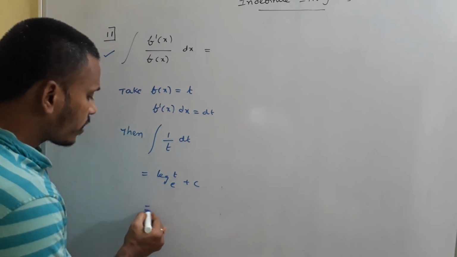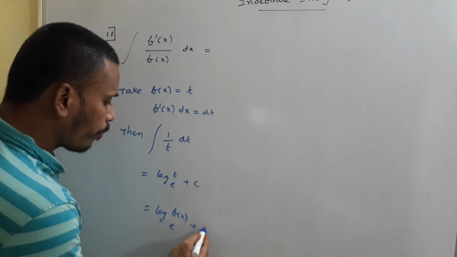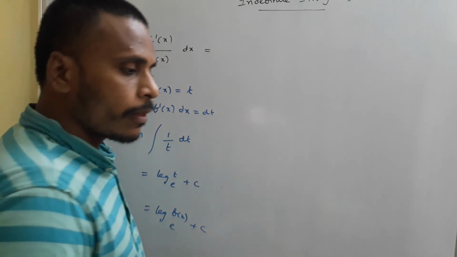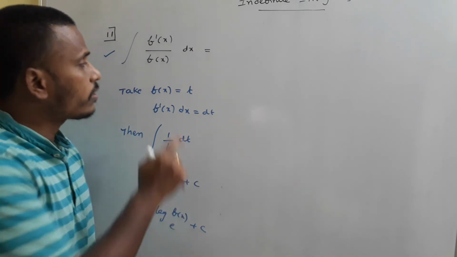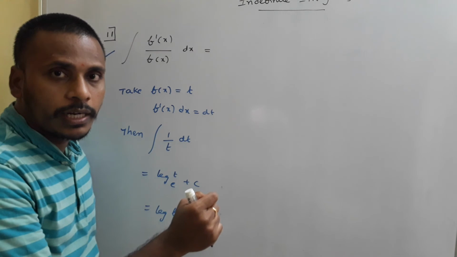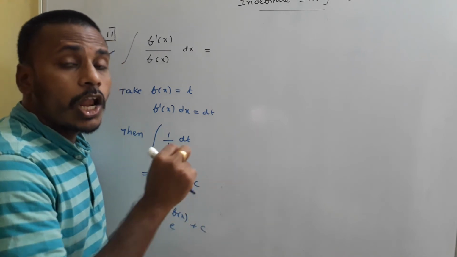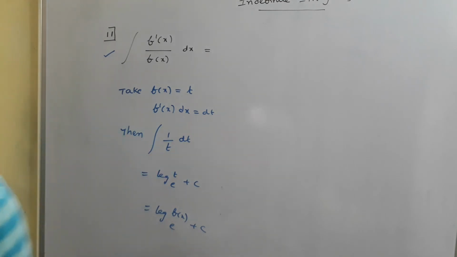So what is your answer? Log t, in the sense, logarithm of f of x base e plus c. So at the end, just analyze this. If something is in the denominator and its derivative is in the numerator, the result is the logarithm of the denominator plus c. Is it right? So use that to answer different problems.